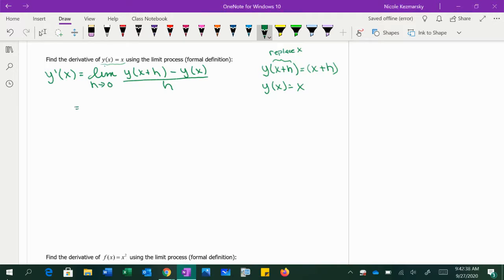So then I'm going to go over here to my limit definition, and I'm going to say the limit as h approaches 0, and I'm going to put in my y of x plus h, which is x plus h. I'm going to subtract my y of x, which is x, and I'm going to divide by h.